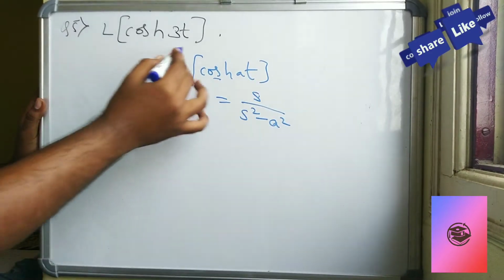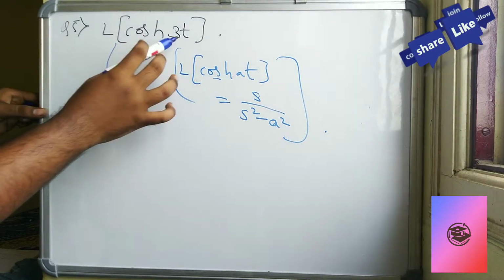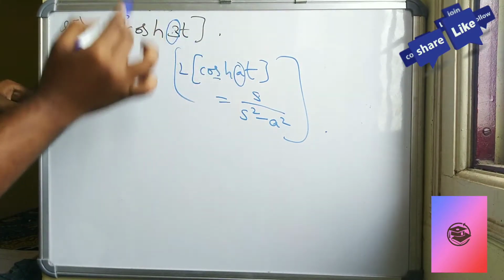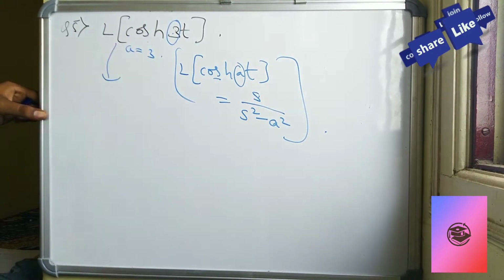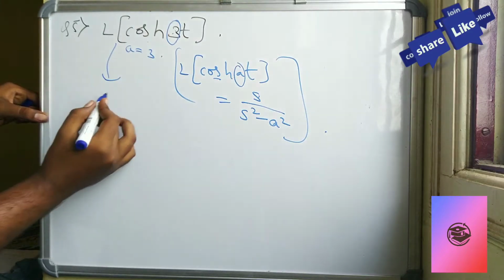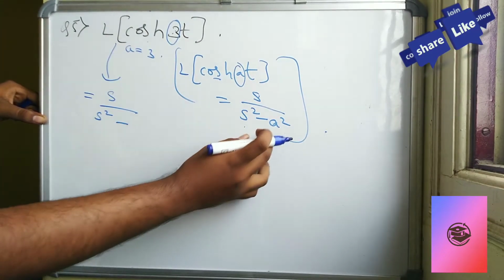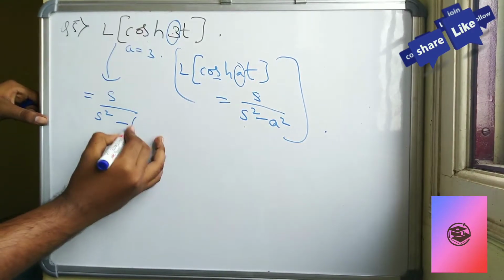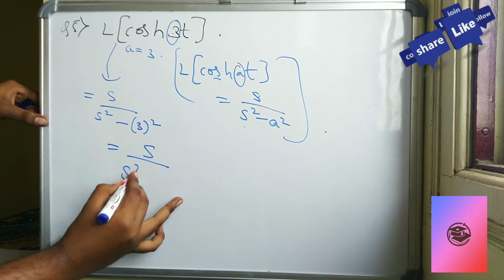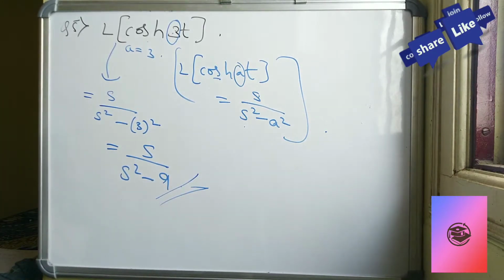This is the standard formula. In place of a, we have 3, so a equals 3 here. So the Laplace transform of cos hyperbolic 3t is s by s square minus 3 square, which is s by s square minus 9. This is the answer.